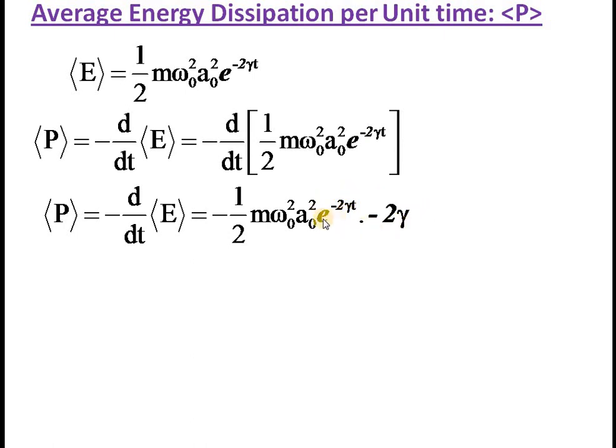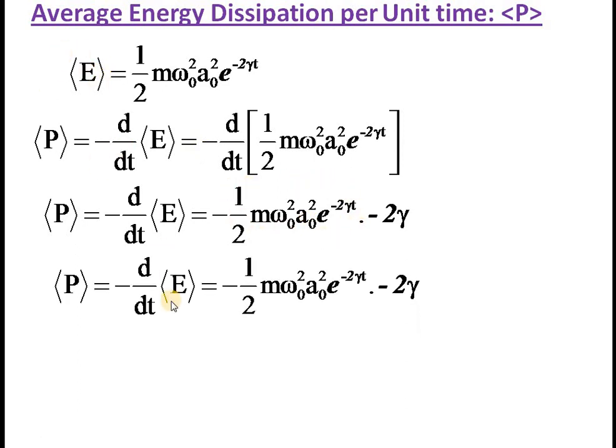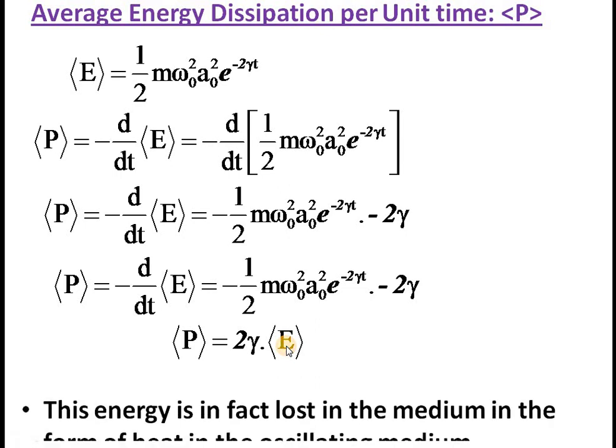This whole is again E, so we can replace this factor with average E. So we can write now: average energy loss is equal to 2 gamma into average energy. So we got rate of energy dissipation is equal to 2 times gamma into average energy. It's a very beautiful equation.